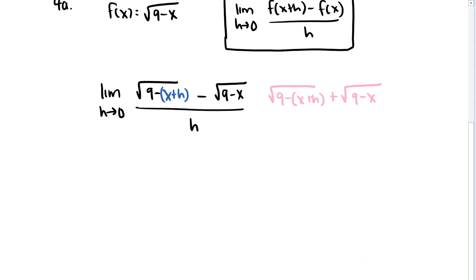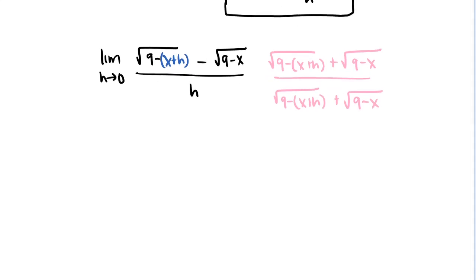This is multiplying by 1 in a special way, but it's a convenient way that simplifies the numerator and allows us to get rid of this factor of h in the denominator.